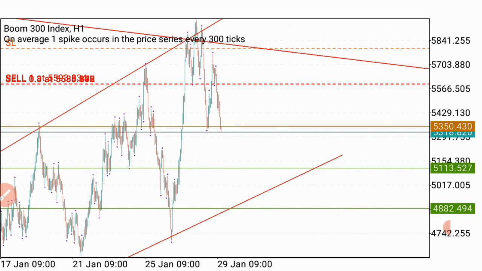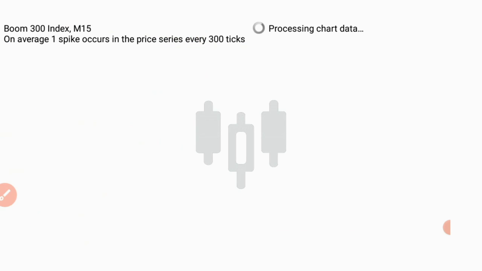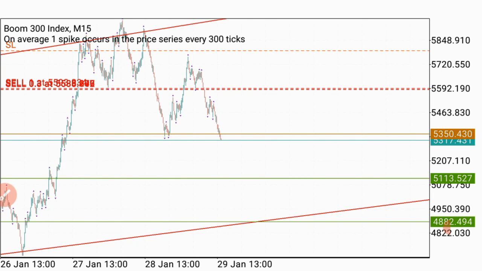Finally, you must have a good and supportive indicator-based strategy that would always give you an accurate signal that coincides with the signals your other patterns, like market structure and support and resistance, are giving you. That's basic if you want to trade and catch spikes. But I tell you, it's extremely profitable trading and catching spikes on Boom and Crash 300. You can always use the 15 minutes and 5 minutes time frame to catch spikes.